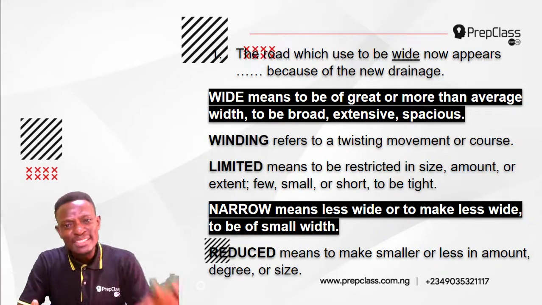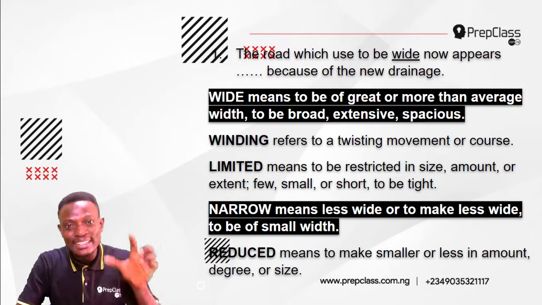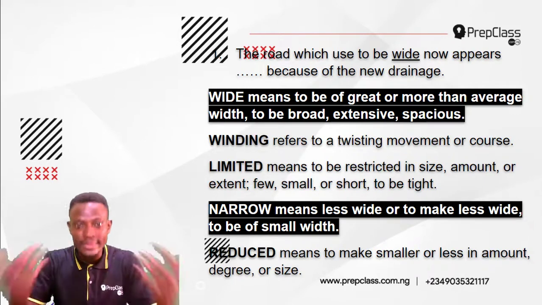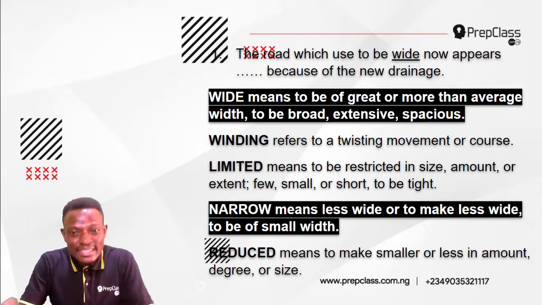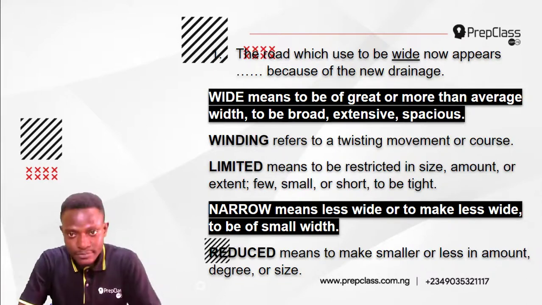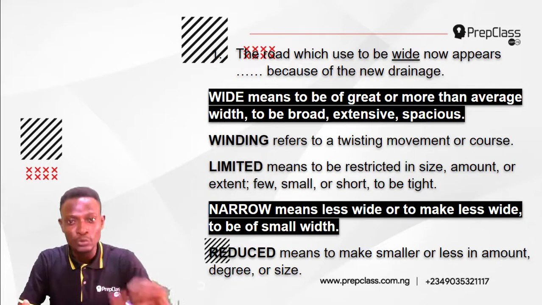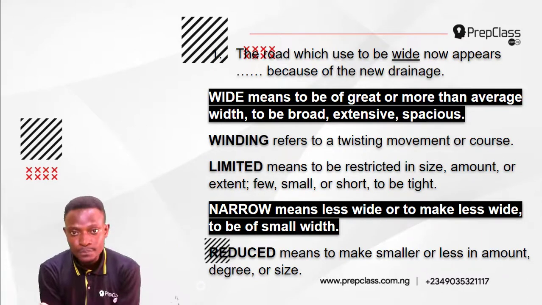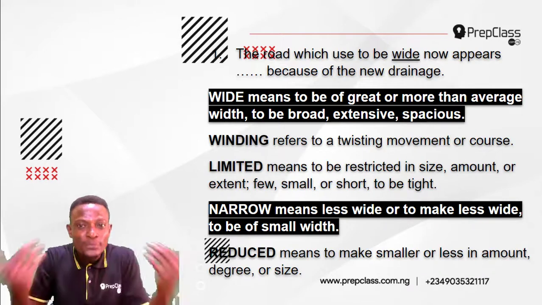Now, the most nearly opposite in meaning to wide is narrow. Wide means to be of great or more than average width. Narrow means what? To be less wide or to make something less wide. To be of small width. So because of the new drainage that was constructed on the road, it now appears narrow. The drainage has taken up some space.